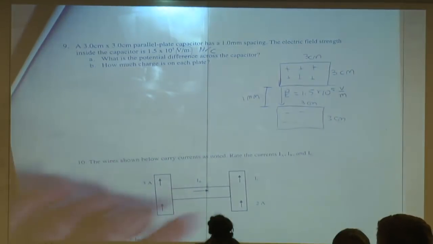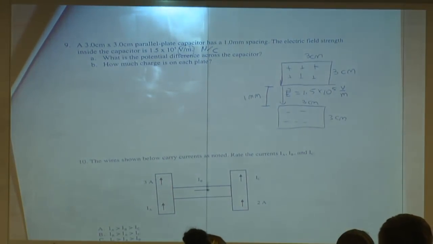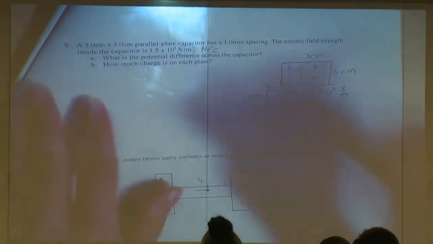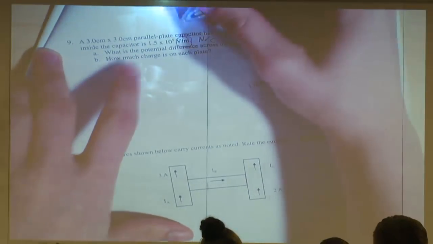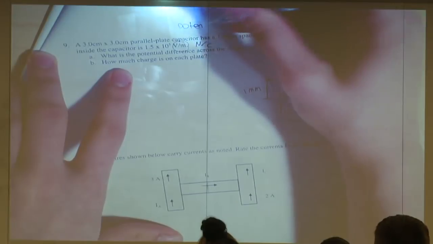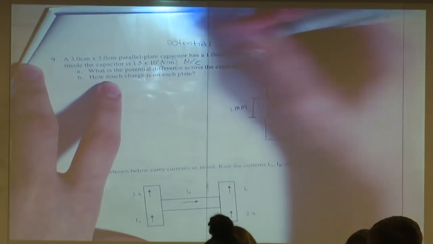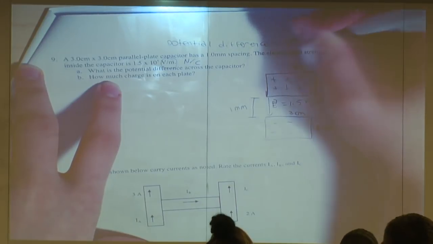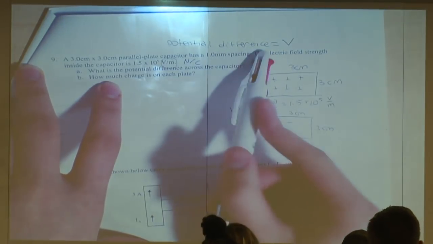Okay, so part A says, what is the potential difference across the capacitor? As we said before, potential difference is just V, so don't get confused between potential difference and electric potential energy, because some people do. So potential difference equals V.